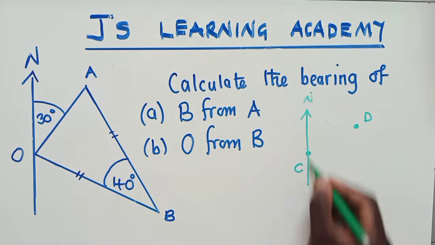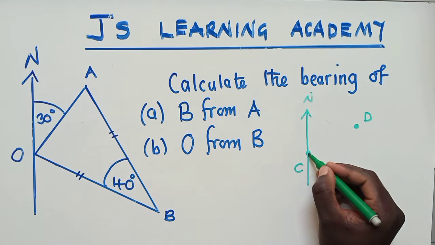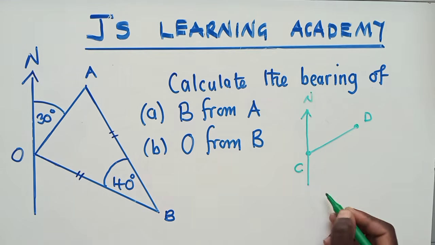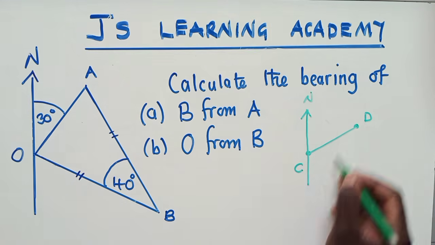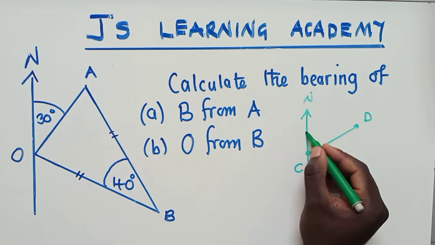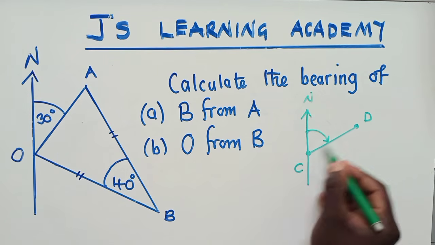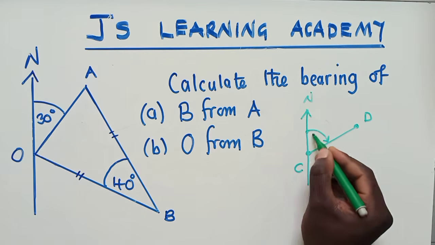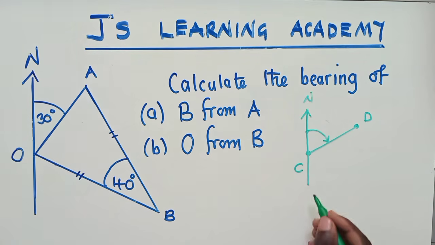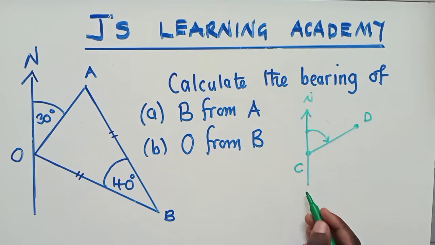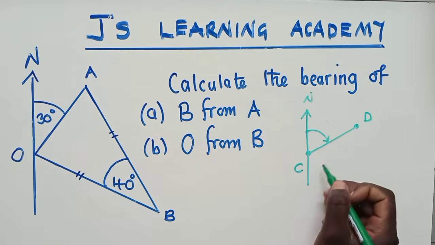You see, north line like that, and then you make a line joining C and D like that. And then you go to the north and start moving like that up until you touch the line that is joining 2 points. And this is the bearing that we are looking for, okay? So this is what you need to know.